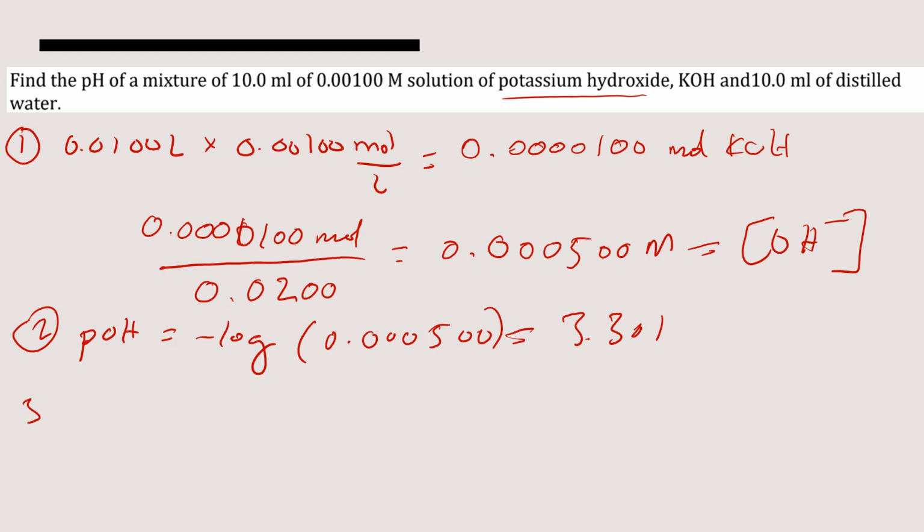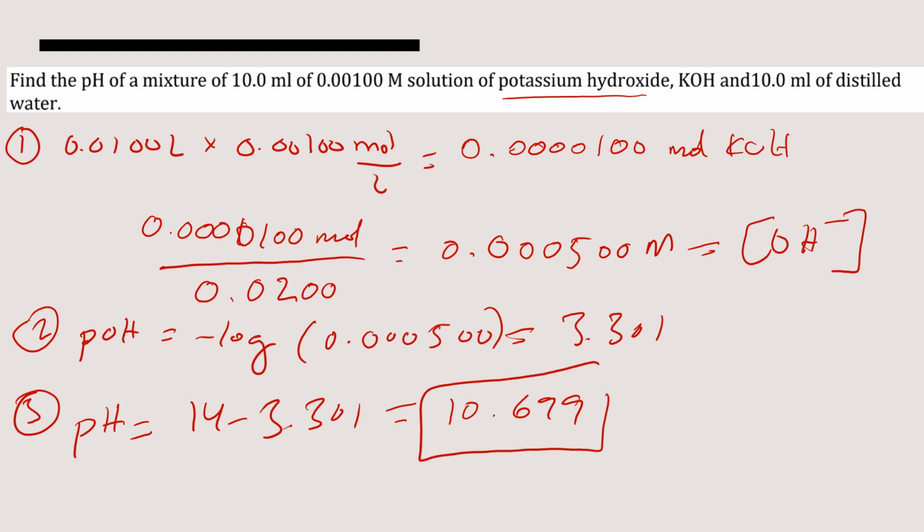So to find the actual pH, pH equals 14 minus 3.301. They may tell you or may not tell you that it's 25 degrees Celsius, etc. So anyway, this is going to be 10.699 for my new pH after the fact.